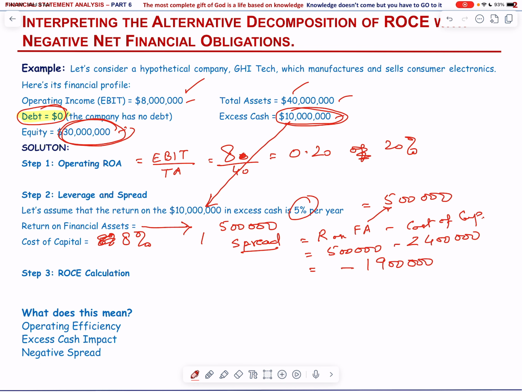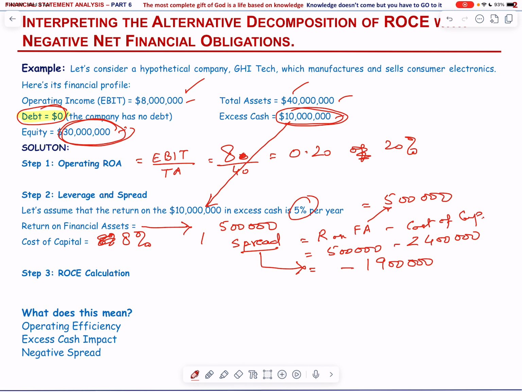Okay. Now, since the spread is negative, this means that the return from the company's excess cash is not enough to cover its cost of capital. So the return on capital employed we are going to calculate.